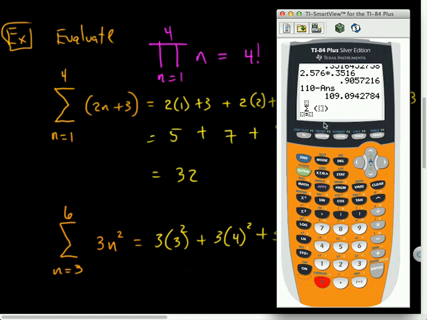And actually, if you have your calculator in kind of like math font style rather than classic mode, you can kind of enter this here. So I'll do x is my variable. X starts at 3 and goes to 6. And then I plug in what my function is, 3x squared. And I believe if I just hit enter, it'll just do that for me, which is kind of a cool deal, if you ask me.